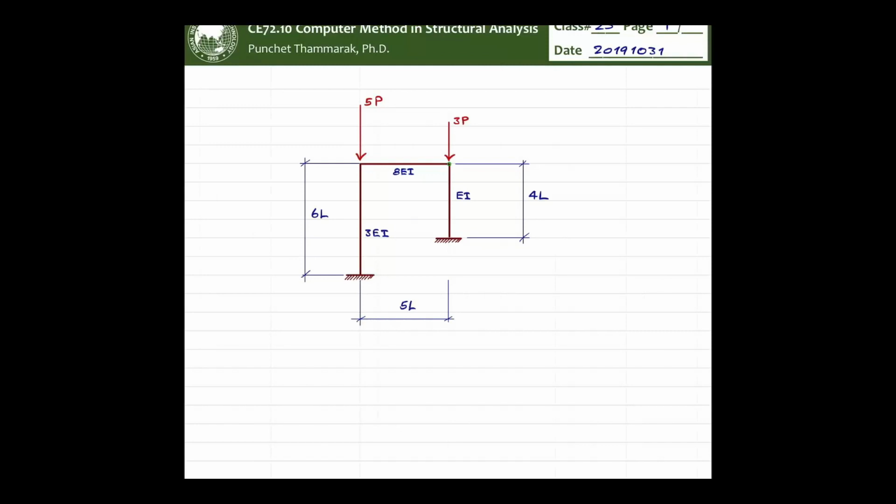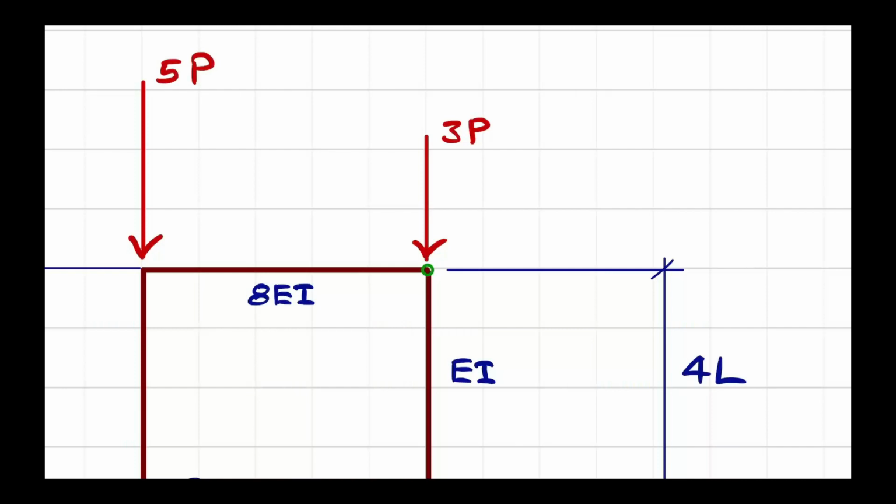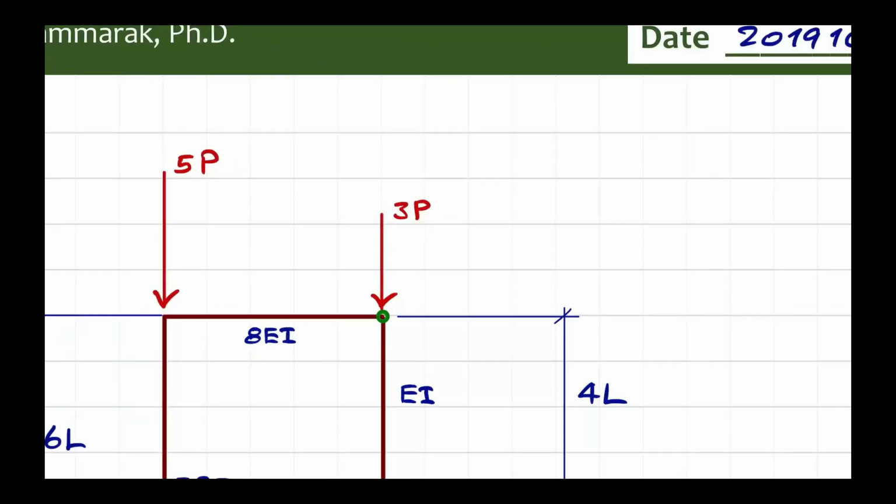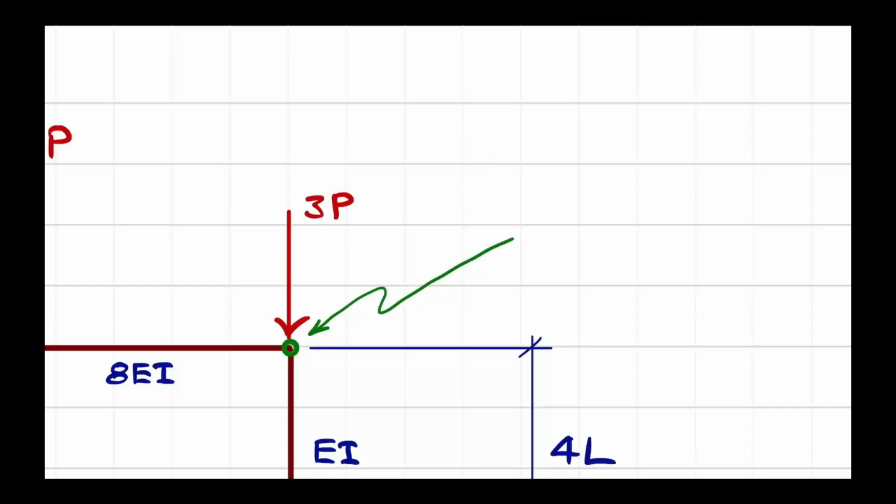We would like to find the P, which is going to be in terms of EI and L. We will set up the stiffness matrix of this system. Let me make sure that we understand this.